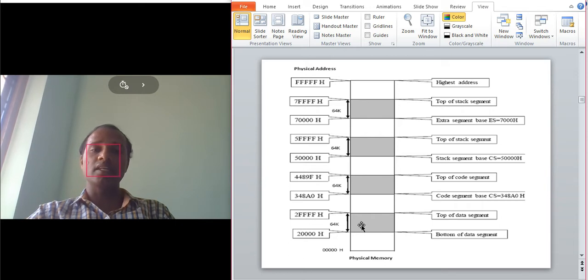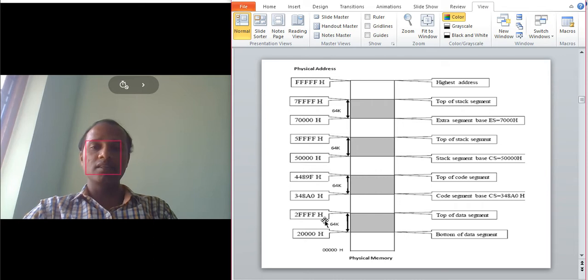For accessing the data segment, we use the data segment register and the corresponding offset register, the source index register. These are the two registers we use to access this data segment.